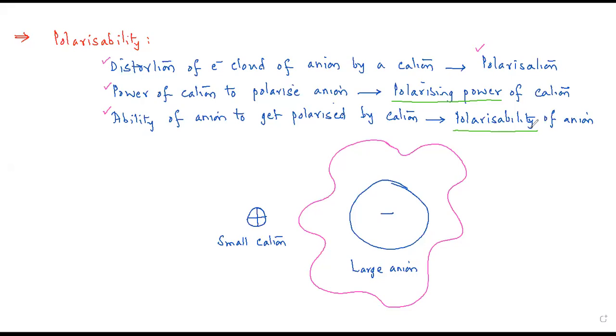Okay, let me again take the halide ions and check the polarizability of the halide ions. Take fluoride, chloride, bromide, and iodide. You know, the fluoride is a small anion, whereas iodide is a large anion.